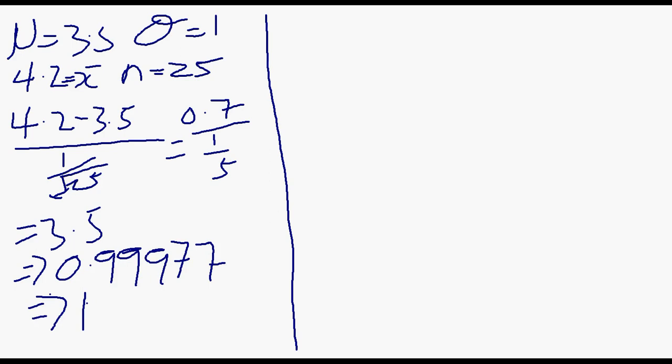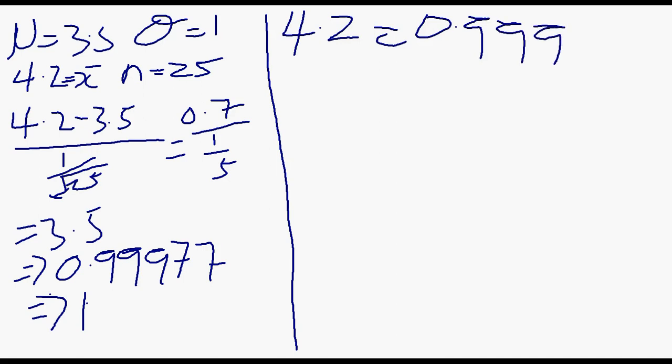And then when we use the old Z table, when the workers checked, they also said the thing was 4.2, right? So we can also plug that 4.22 on the Z table, and then we are also getting 0.99999, which is also approximately 1.